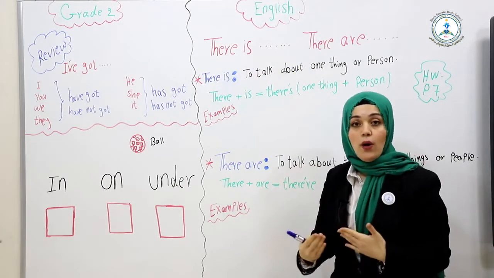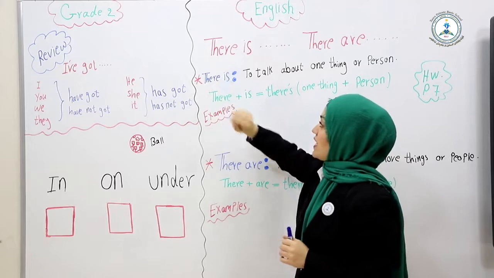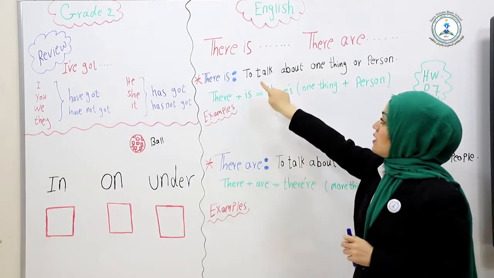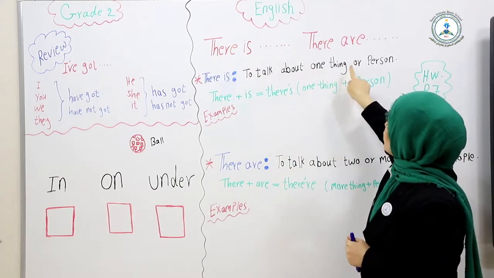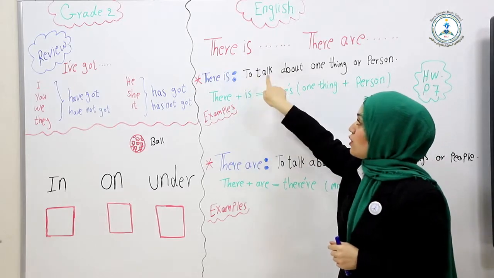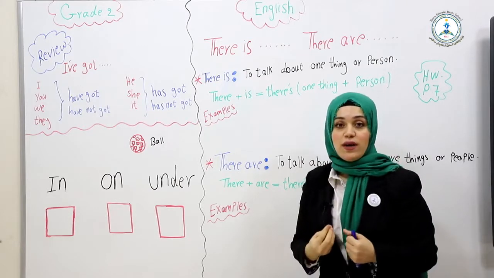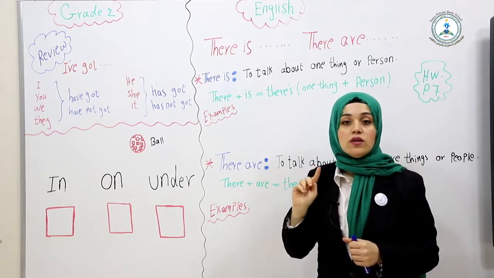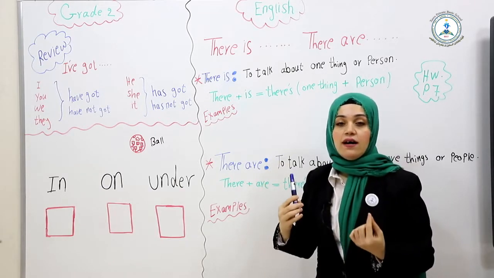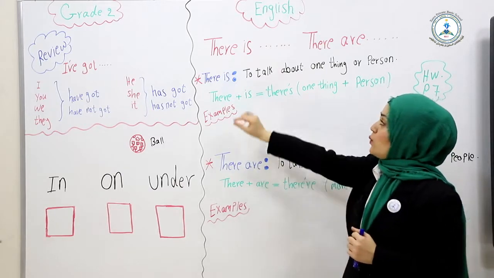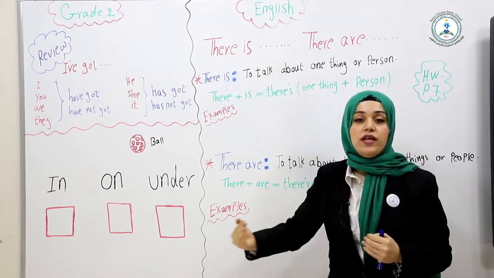Now we explain how we use there is and there are. The first one we have is there is. We use there is to talk about one thing or person. There is to talk about one thing or person. We use it to talk about one thing or person, and that thing or person should be near to us.